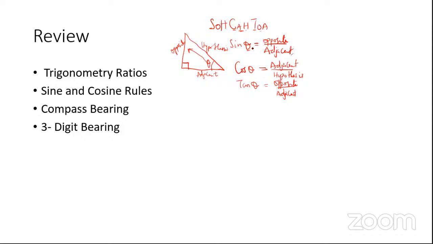Anytime you have been given the opposite and the adjacent, you can easily get your theta. Sine theta is opposite over hypotenuse. Sorry, a very big error there. Let me quickly correct that.